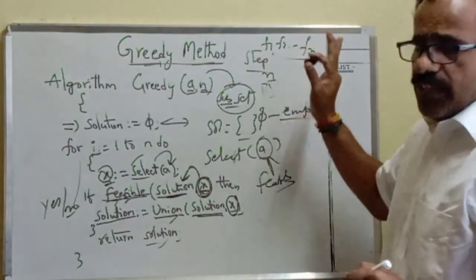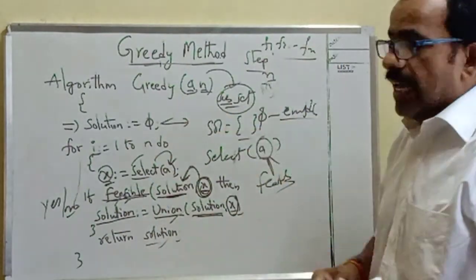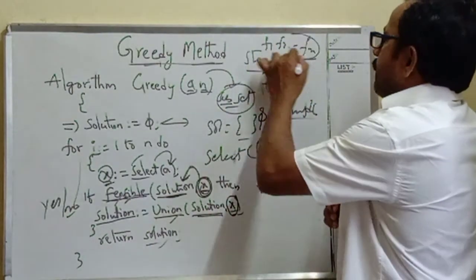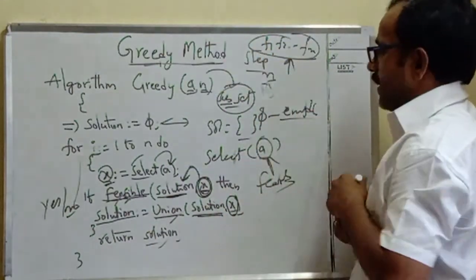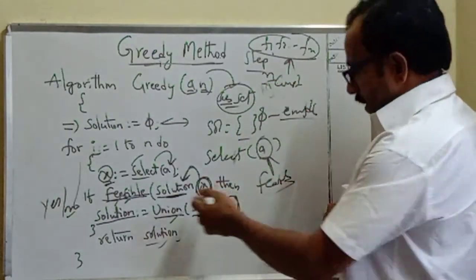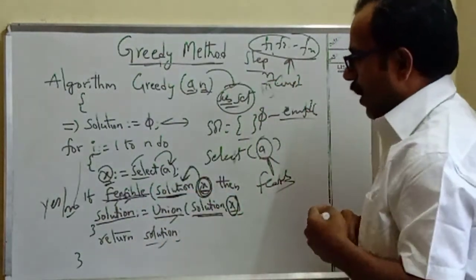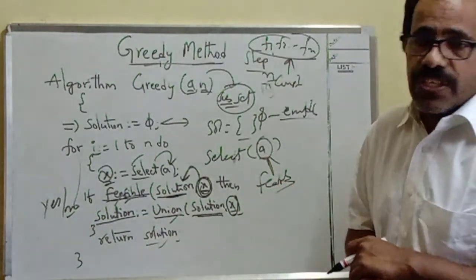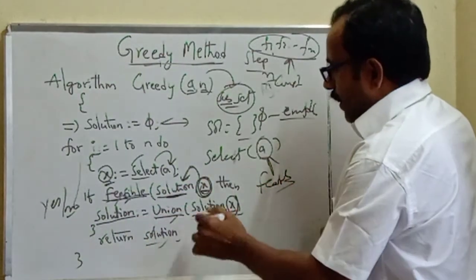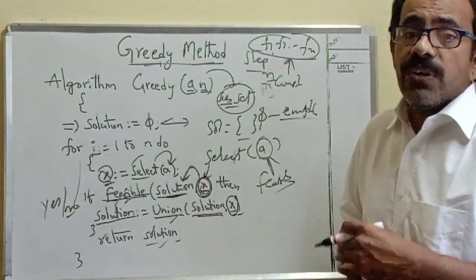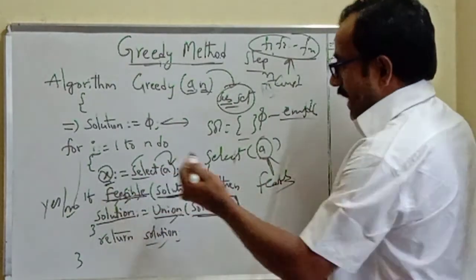Let us assume these are the feasible solutions from an array of n elements according to the given problem. All these are satisfying the problem constraints. Is it clear now? Here we are checking whether possibility is there or not. Feasible is a function which verifies the constraints or conditions, whether inclusion of this particular element satisfies the given constraints or not.